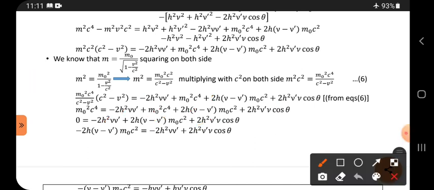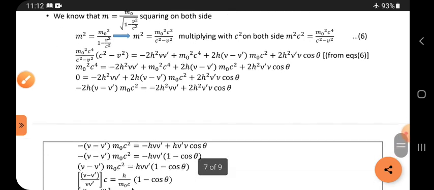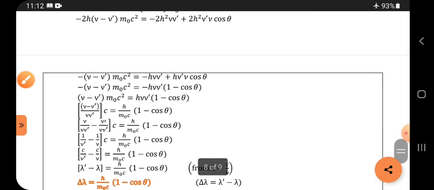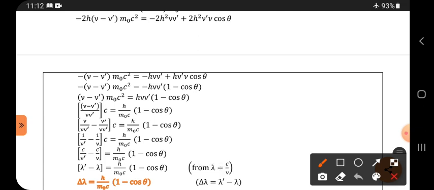Now bring this to this side. It is already plus, if you bring it to this side it becomes minus. And now, see, in all terms 2h square, h square and h will cancel, so on this side h will be present, but h completely cancels.